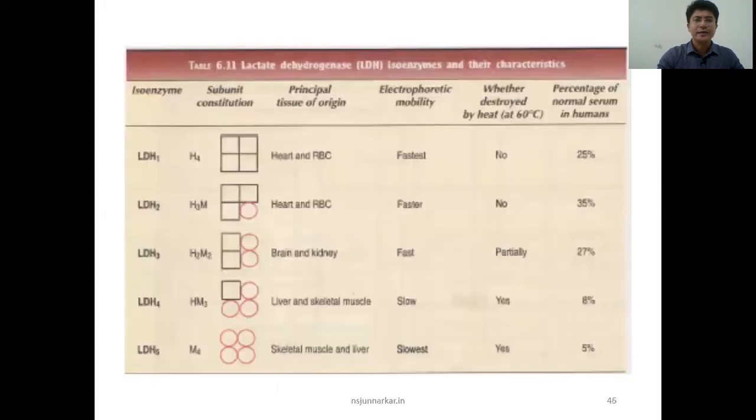You can see over here in this table, LDH enzymes have different monomers or the same monomers. H4 is the configuration of LDH1. It consists of only H type of subunits, whereas LDH2 has M and H type.